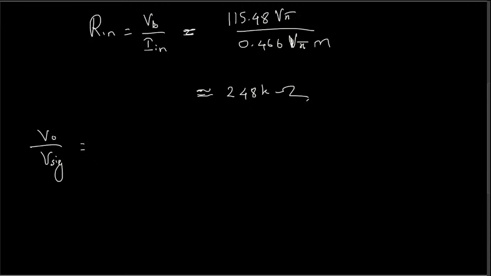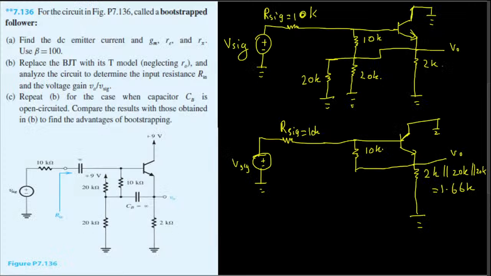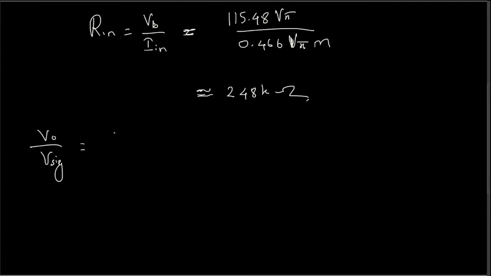But here we can take advantage of the voltage divider. We can multiply top and bottom by VB. So VO over vsig is equal to VB over vsig multiplied by VO over VB.